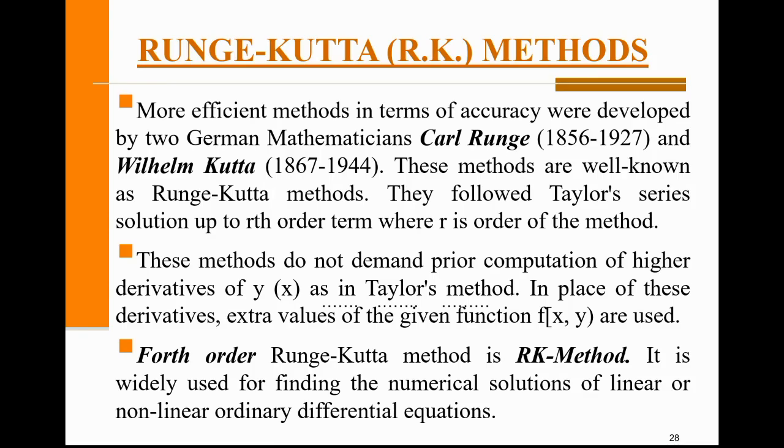Runge-Kutta methods were developed by Carl Runge and Wilhelm Kutta. These methods are well known by their short name, RK methods. They follow Taylor series solutions up to the rth order. It means if I say Runge-Kutta fourth order method, it follows the Taylor series up to fourth order, right?